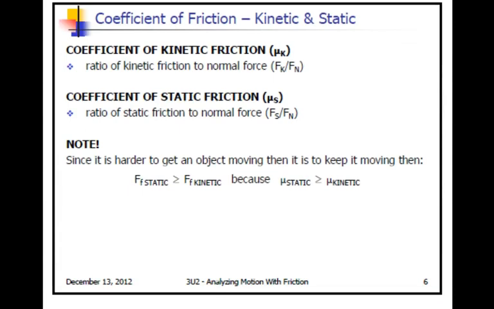The ratio of kinetic friction to normal force is your kinetic friction coefficient, and the ratio of the static friction to the normal force is your static friction coefficient. Your static friction coefficient is always greater than the kinetic friction coefficient, or they're equal to each other, and that means that the force of static friction is equal to or greater than the force of kinetic friction.